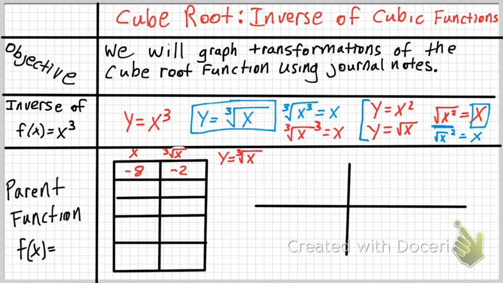All right, next we take -1, and the cube root of -1 is also going to be -1. Then we go 0, the cube root of 0 is 0, and then the cube root of 1 is 1, and the cube root of 8 will be 2. So now we have these nice pairs of values. We start at 0, 0, and then we'll go to 1, 1.